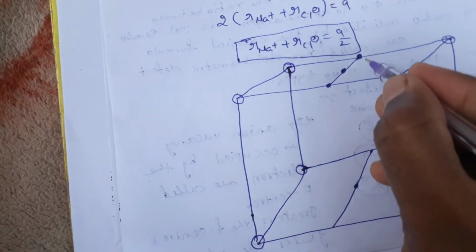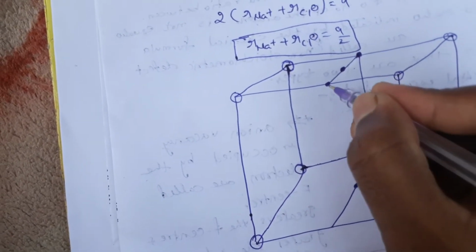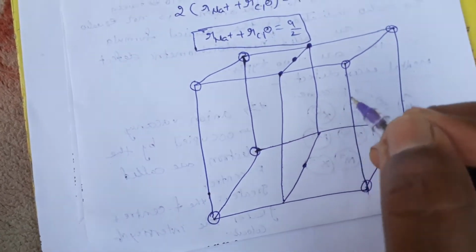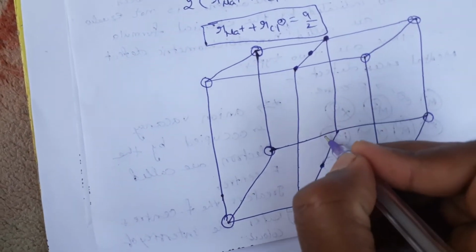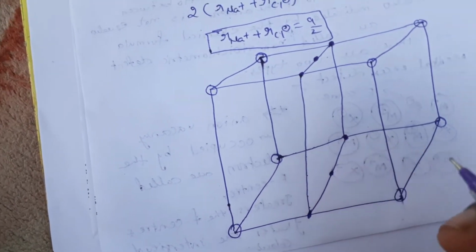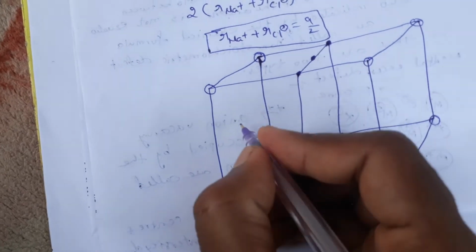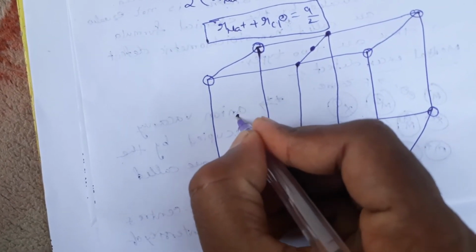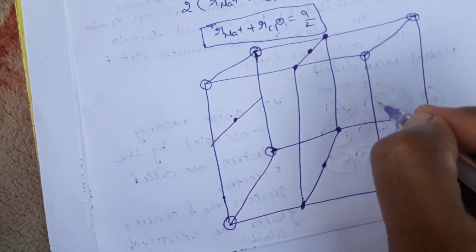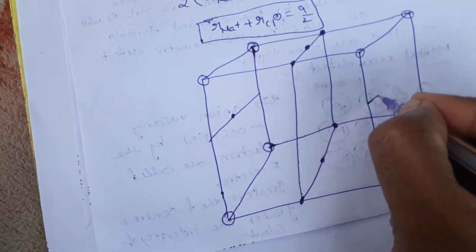So here I can draw another face, and this you can join with this one. Next thing is, if you see here also one void space will be there. Another thing is, here is one atom at the face, and this is another atom.